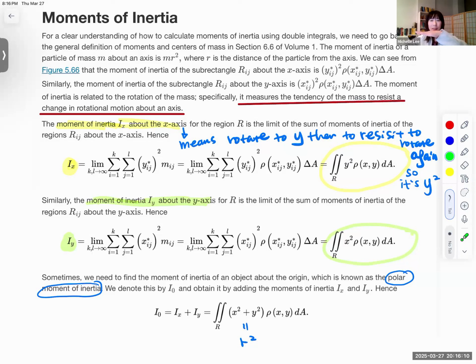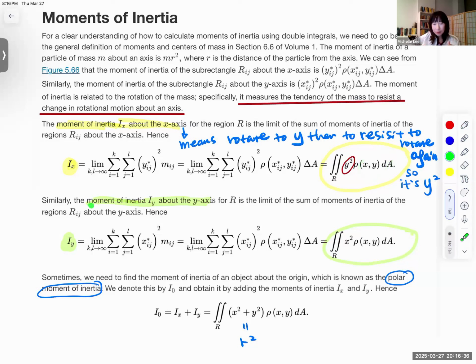We have the x-axis, and then we rotate to the y-axis. Then if we rotate again, that's the x-axis, right? But they did not. They resist rotating. So y squared there. Can you see that? Why do we have a y squared? All right. Now, we are using a density function here.